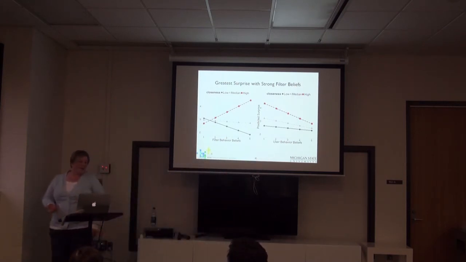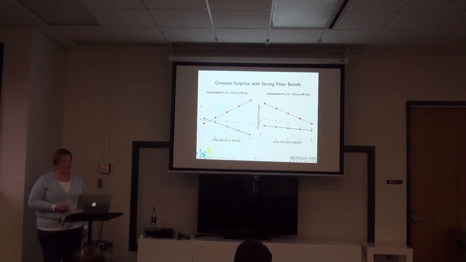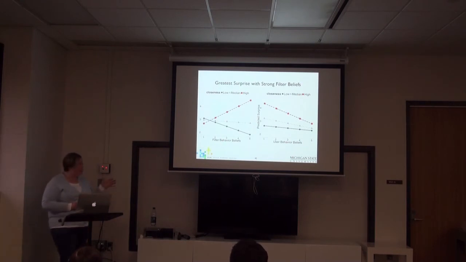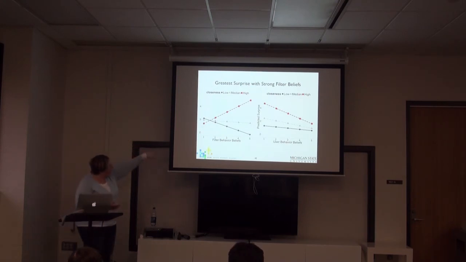And it turns out that when people had weak filter beliefs, the predicted levels of surprise are neutral at the center of the scale, or maybe even a little bit lower. So when filter beliefs are strong, surprise is high for the close friends, the red line, for the high closeness. And then for the low closeness friends, you can see there's sort of a decreasing trend as filter beliefs get stronger.